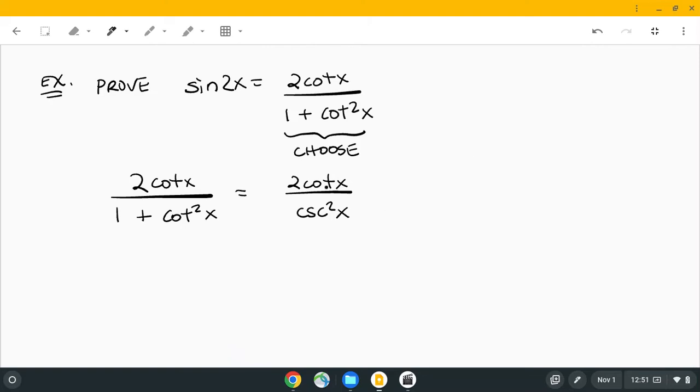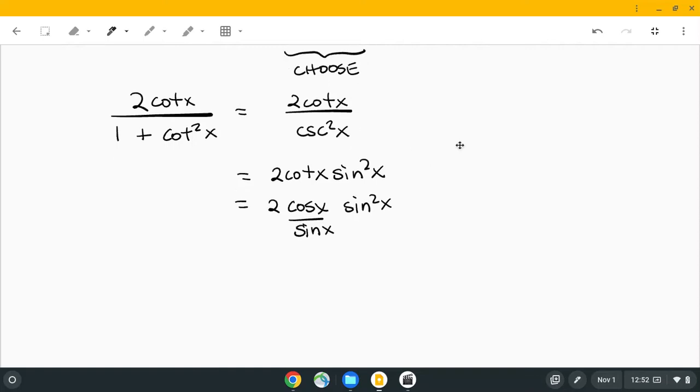All right, so now this is like 1 over cosecant, right? 1 over cosecant is sine, so I'm going to rewrite that as sine squared. And then here, cotangent x is cosine x over sine x.